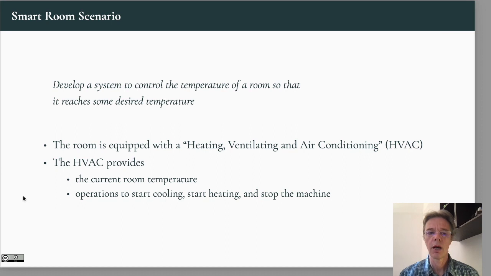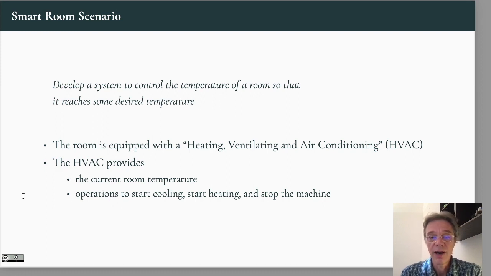To illustrate how systems can be developed using this agent approach, we will consider in this video a smart room scenario. In this case, we want to develop a system that controls the temperature of some room as desired by some user.